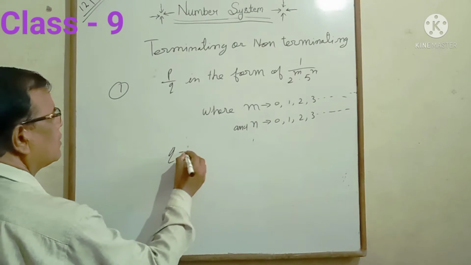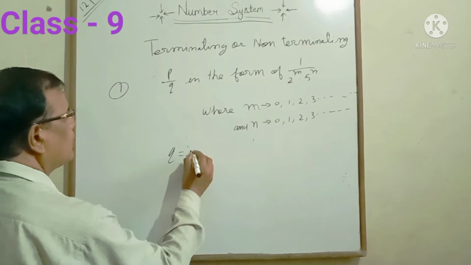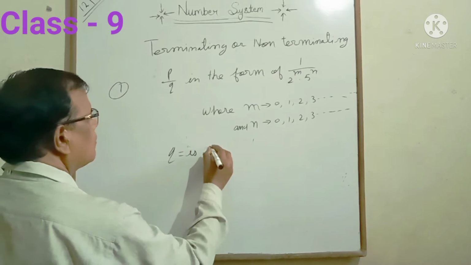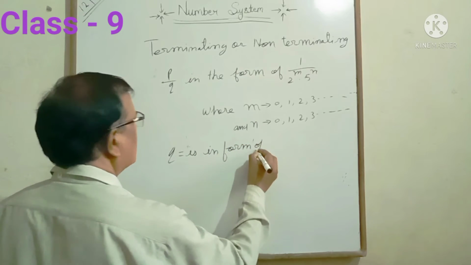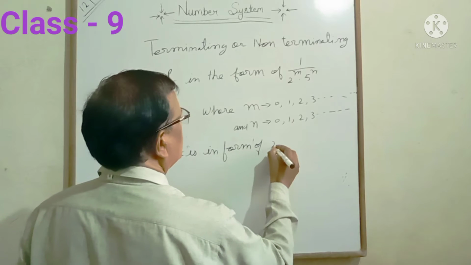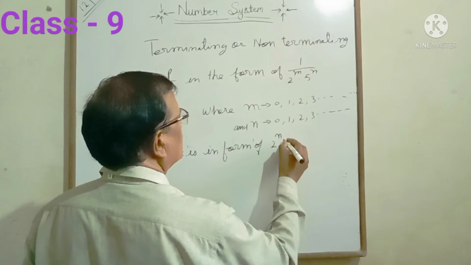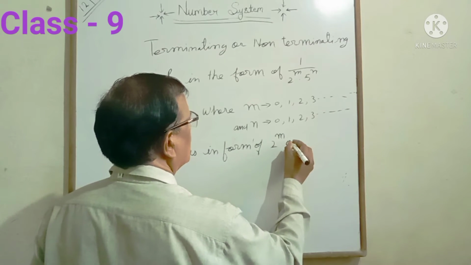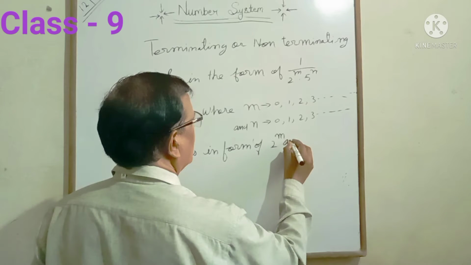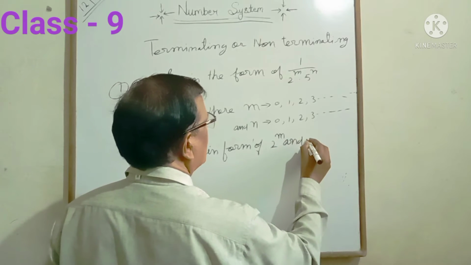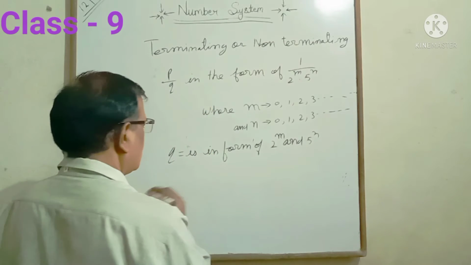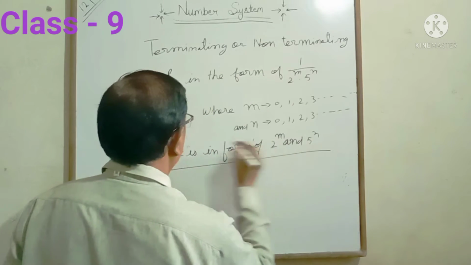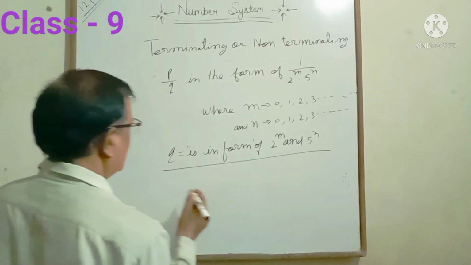If q is in the form of 2 to the power m and 5 to the power n, both may be here, then we can find the number is terminating.